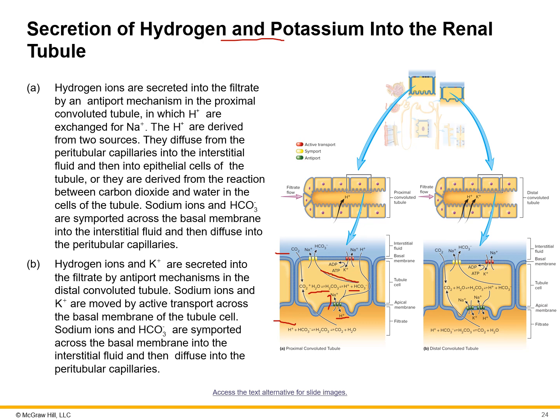The bicarbonate gets reabsorbed and goes back into the interstitial space, but the hydrogen ions are secreted. And then our sodium-potassium pump is going to keep our sodium concentration high outside and low inside to provide energy for all of the transport to occur.